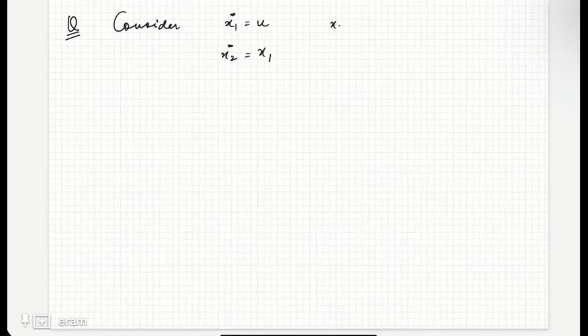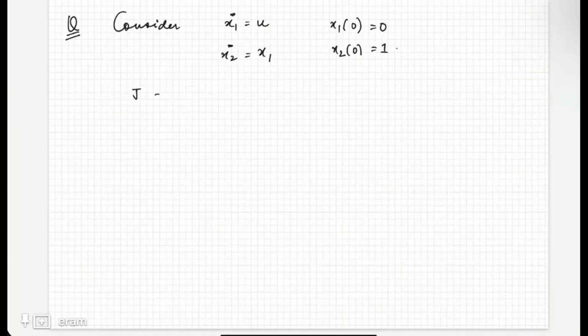Okay, so the next problem is: consider this second order system. Not a chain of integrators, sorry. So x1 dot is u and x2 dot is given to be x1. The initial condition of x1 is 0 and the initial condition of x2 is 1.